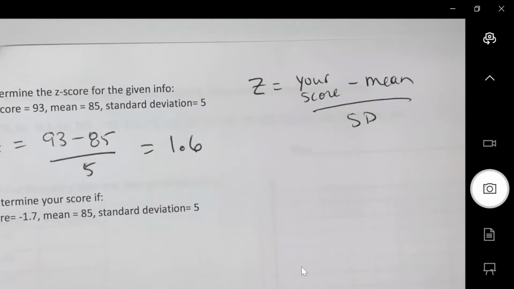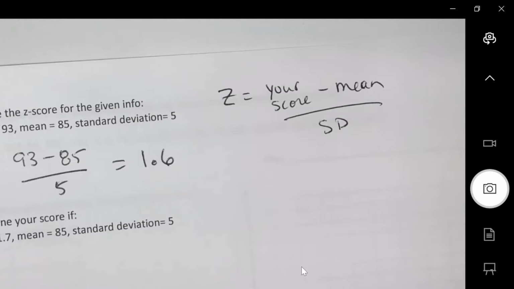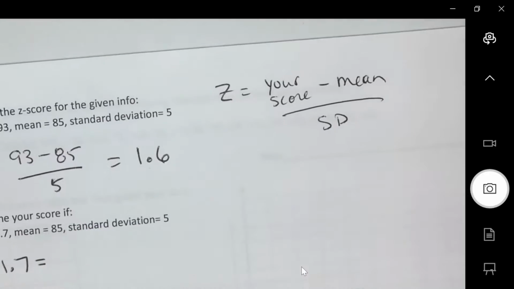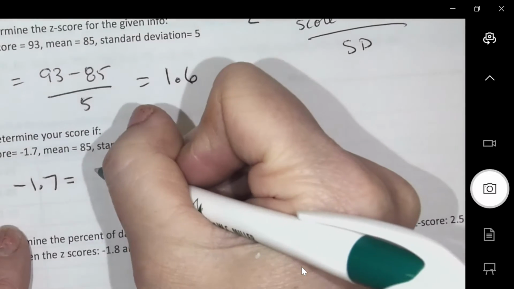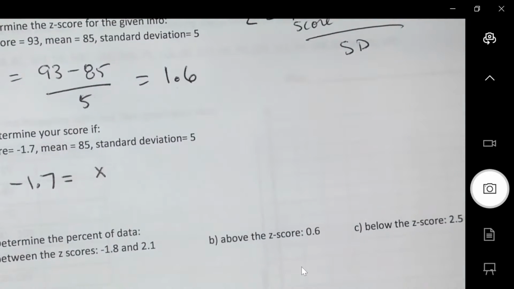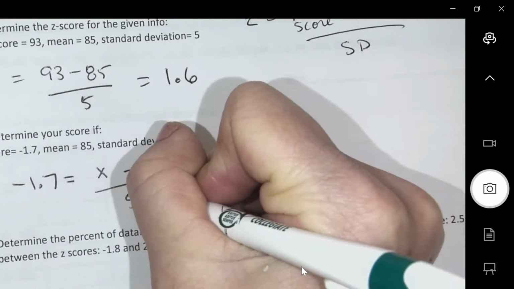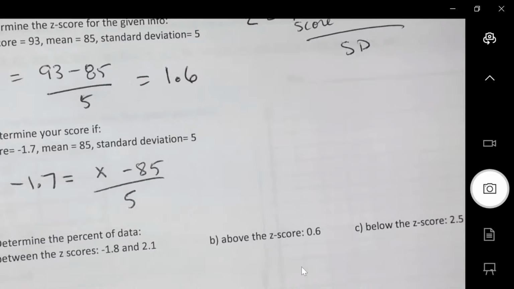Okay, and then number 8 reverses it, and this time I gave you the Z score. And I want to figure out my score, from score minus the mean over the standard. So you're going to have one of each of those on the test. I'm going to give you your score, get the Z. I'll give you the Z, you get yours.